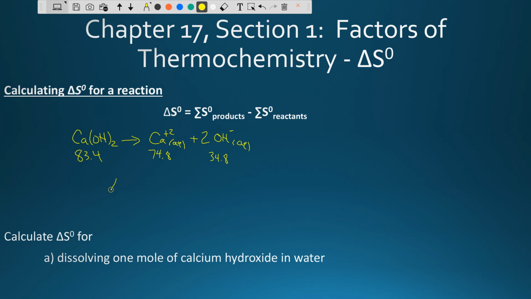Now keep in mind, my delta S is the sum of those parts. So that's going to be my 74.8 plus 2 times 34.8 minus my 83.4. Okay? And so I'll end up with a value, a delta S, of a positive 61 joules per mole times Kelvin.